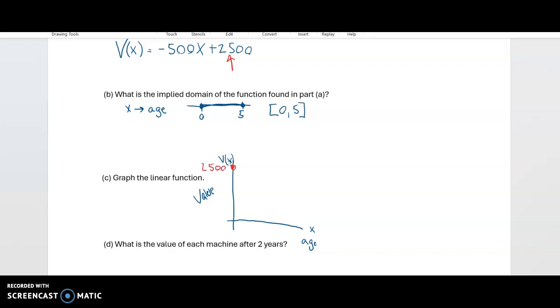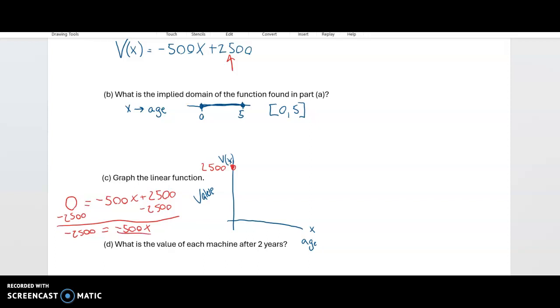And we can also find what our 0 is. So our 0 is going to happen when V of x is equal to 0. So we have negative 500x plus 2,500. I can subtract 2,500 from each side of my equation, and I'll get negative 2,500 is equal to negative 500x.